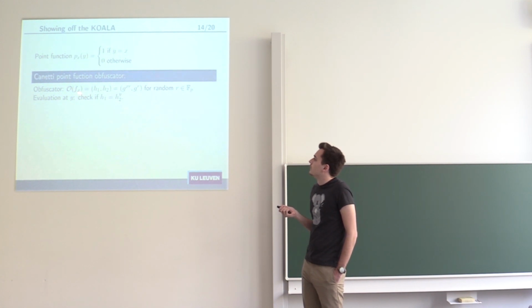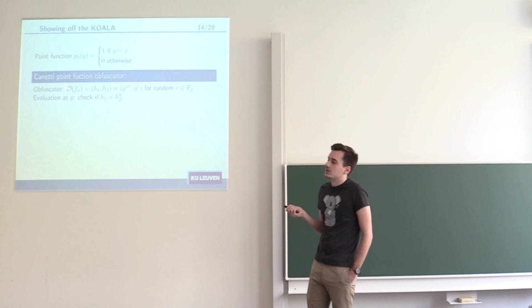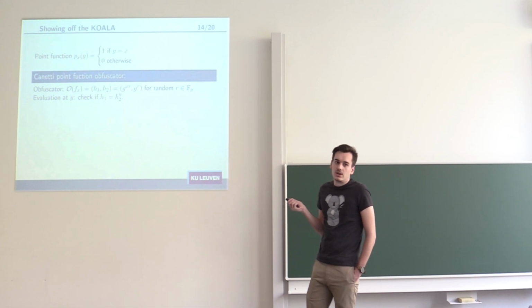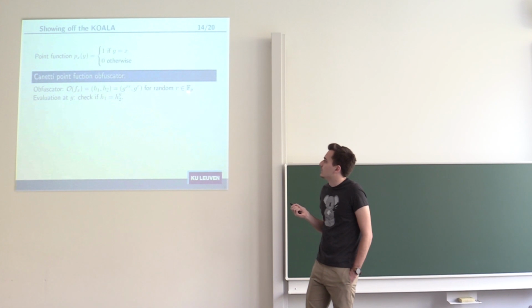It works in the case where x and y are in F_p. To obfuscate a function, it just outputs two group elements. The first one is equal to g to the power xr, where r is some uniformly random element of F_p, and the other one is g to the r.